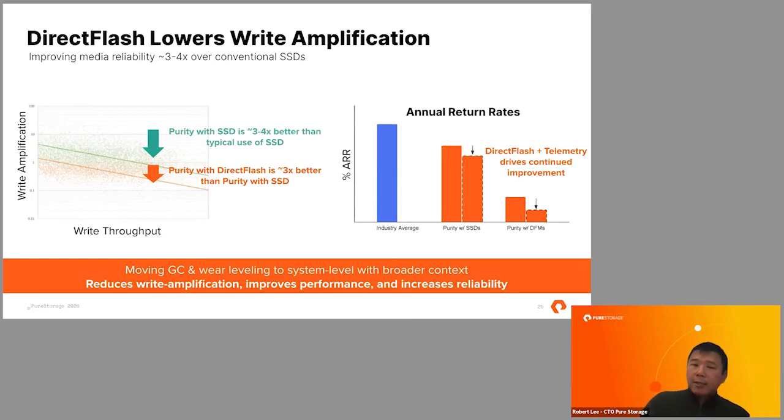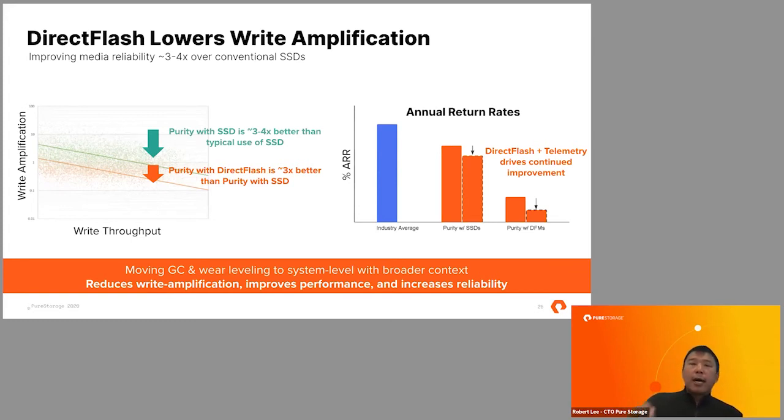The second thing this drives is much better reliability. Now, part of that comes from the endurance improvements we get by reducing write amp, but a lot of this also has to do with the enhanced visibility we have all the way down to the flash.